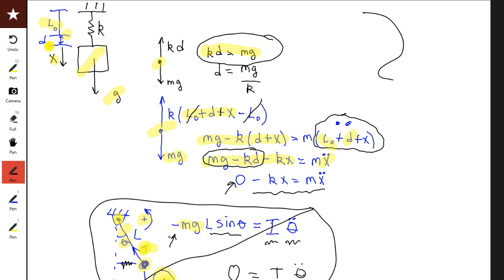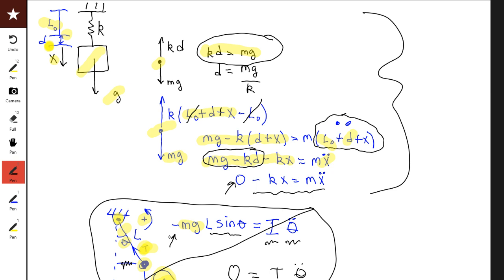And this problem up here, gravity is not causing the oscillation, and it wasn't necessary to include the gravity. Whenever you are in doubt, you can include gravity, and if it is supposed to cancel out, it will. What you have to be careful of is to make sure that you include the free lengths and the static equilibrium points and all of that in order to have it work out.